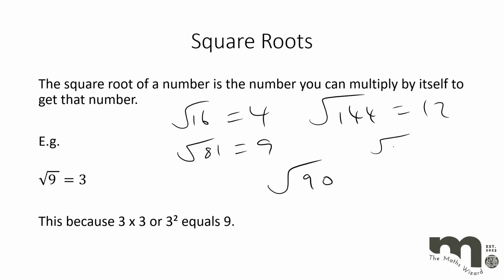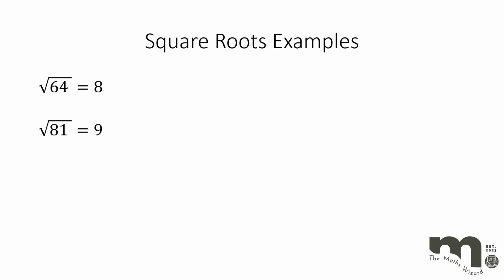That's because the square root of 100 is 10, the square root of 81 is 9, and 90 falls somewhere between 81 and 100. So you're probably looking at around 9.4 or 9.5, just as a guess.